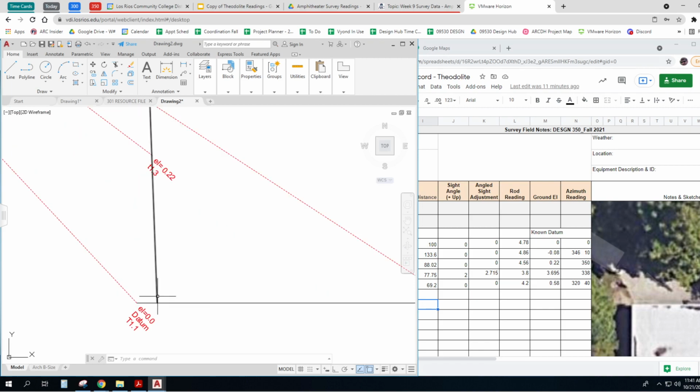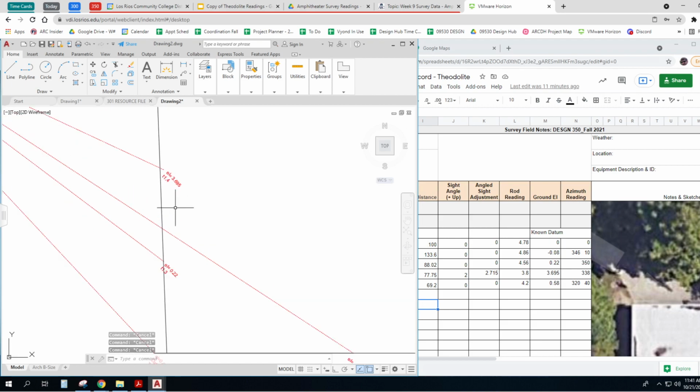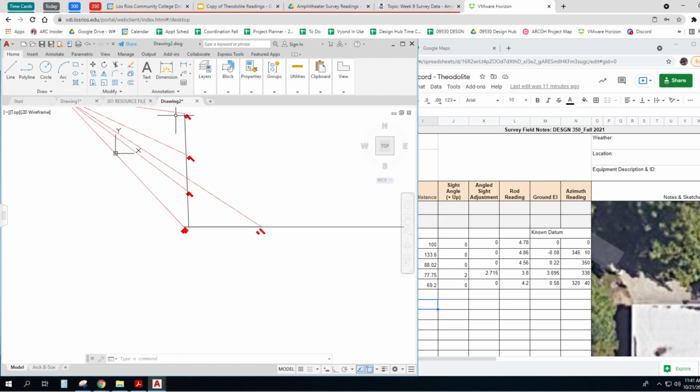And let's see, I probably didn't get exactly 90 degrees here. What did I do here? Looks like this one might have been off, actually. It's hard to tell. I didn't draw myself a line. Those ones look pretty much in line, though, when I do that.